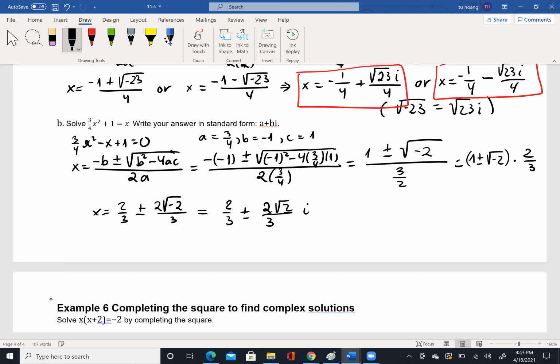Right, like that. So that should be the solution for this.